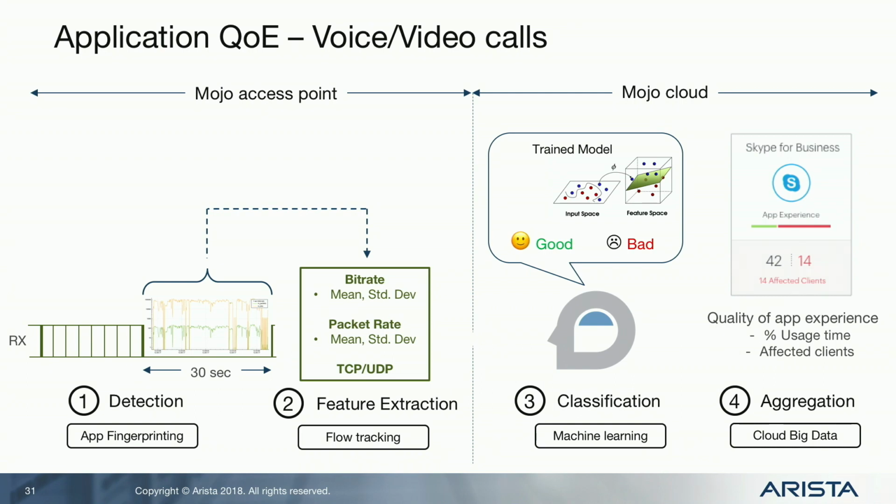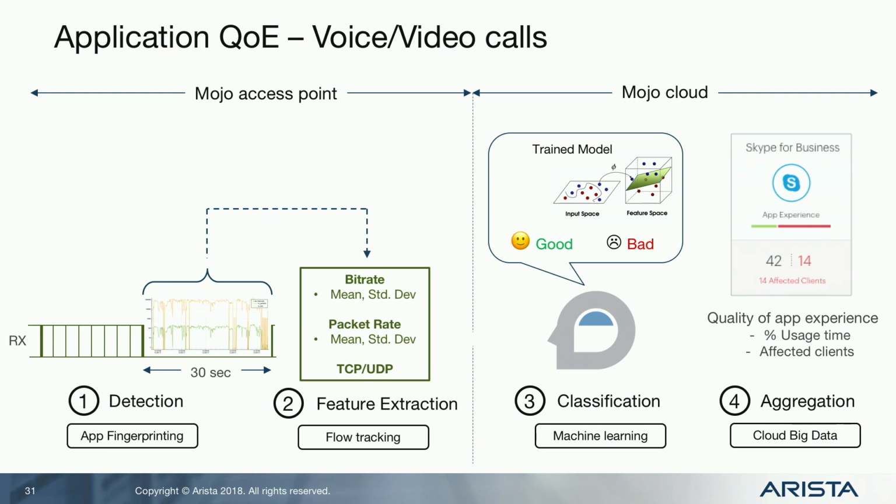As soon as a wireless client starts a voice call, the access point immediately detects a new flow, and that flow is sent for classification. If the flow is classified as a voice call, the flow tracker immediately starts maintaining some stats about it. It divides the call into 30-second chunks, and for each 30 seconds it computes a lot of characteristic parameters, the most important being the average bit rate, the average packet rate, the variation in the bit rate and packet rate, and the protocol, whether the voice call is using TCP or UDP.